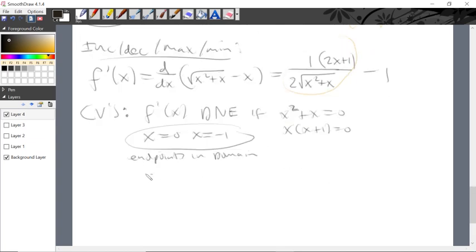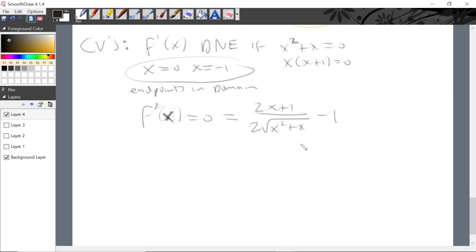Now, anywhere where f prime of x is equal to 0, we should set 0 equal to 2x plus 1 over 2 root x squared plus x, minus 1. Let's see what solutions we can find, if any. So 1 equals 2x plus 1 over 2 root x squared plus x. Multiply the denominator over to the other side: 2 root x squared plus x equals 2x plus 1.